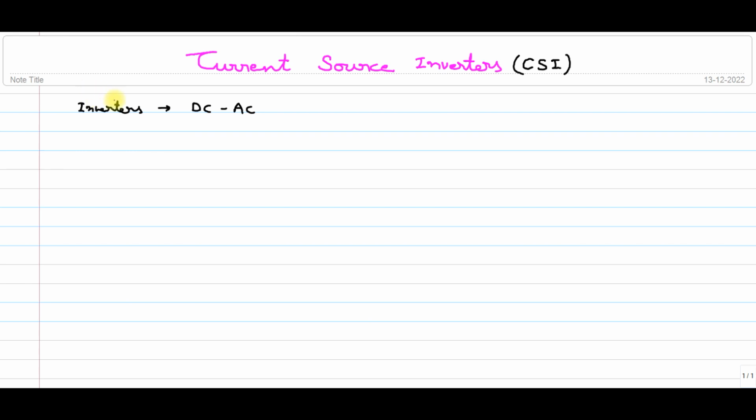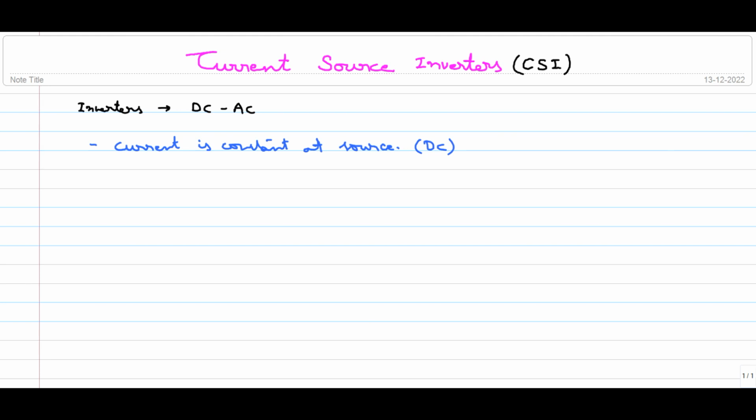So the current is maintained constant at the source side, and the source side means it is the DC current.